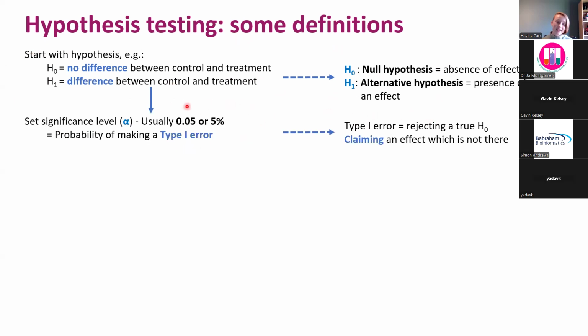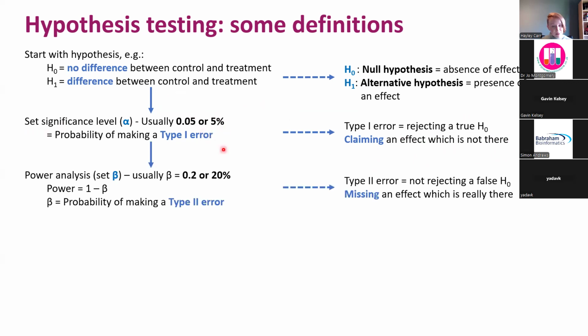The first couple of things we often don't really think about too much, but the first thing we really do is set a significance level, or alpha. Usually we just use 0.05 or 5%. This is generally convention. But what this actually means is that our probability of making a type 1 error, which is claiming an effect which is not there and rejecting a true null hypothesis, the probability of doing that is 5%.